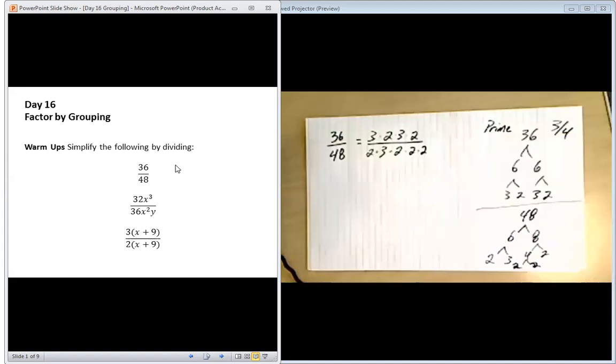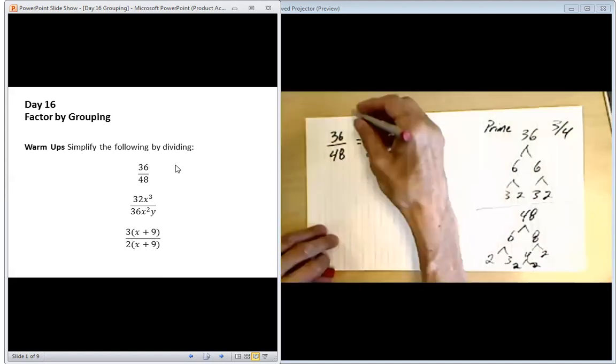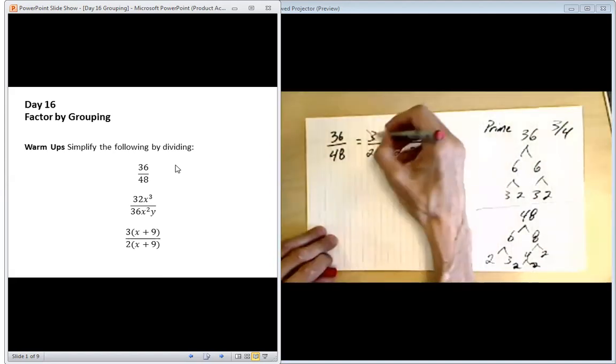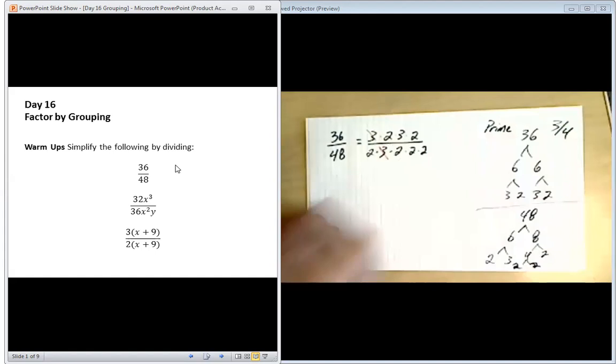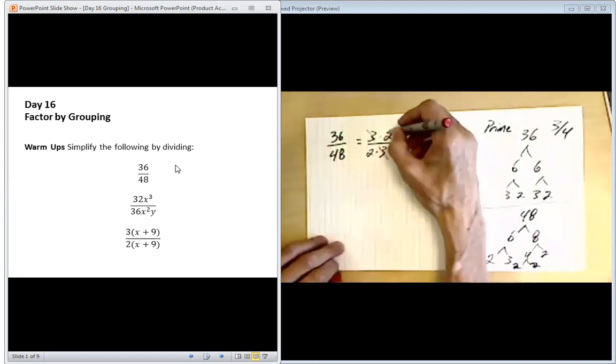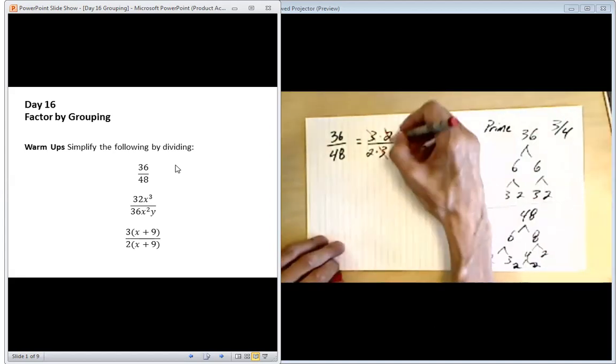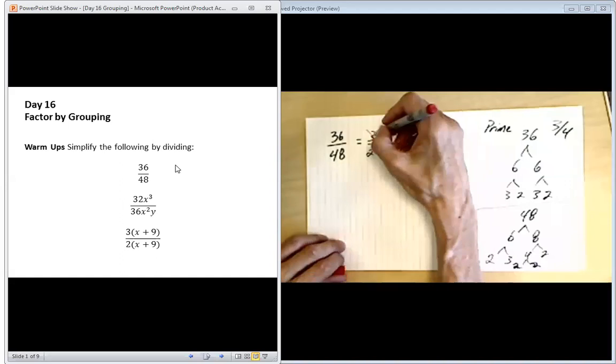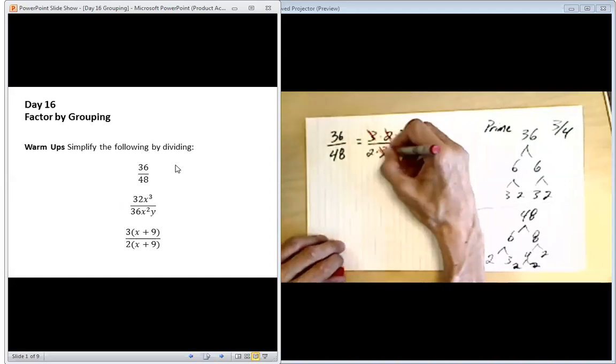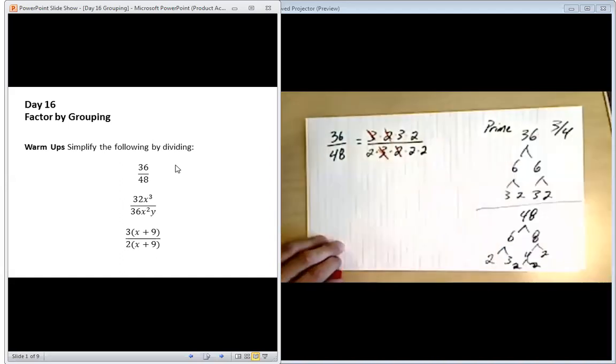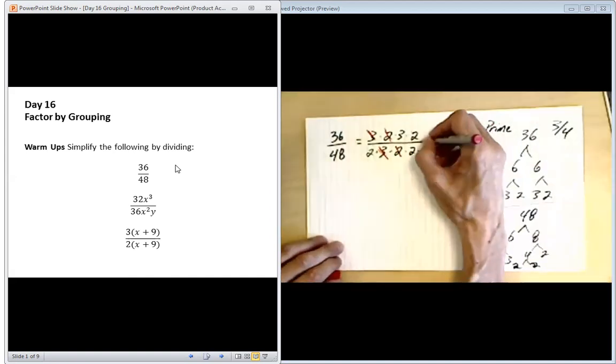On the top, we got a 3 that can be divided by a 3, so those are gone. We got a 2 on top and a 2 on the bottom, so those are gone. We got another 2 on the top, 2 on the bottom. Those are gone.